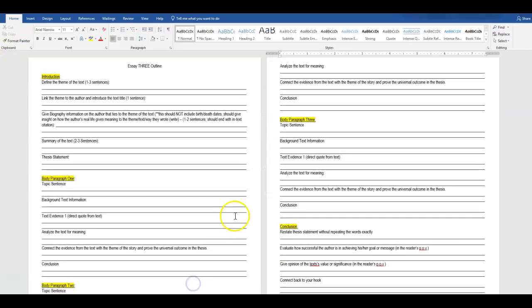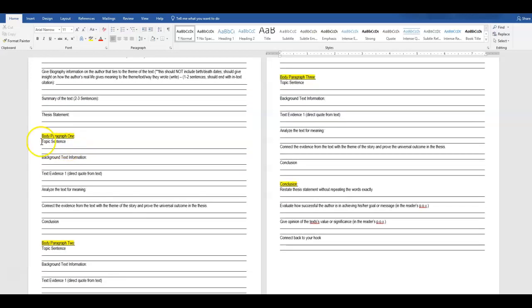That is on the outline. Okay, so your outline looks a little bit different from last time. It does not have the numbers, but you can easily put the numbers in there if you want to, so that it matches the how to write sheet. Okay, so all you have to do is write what's on the how to write sheet over on your outline.